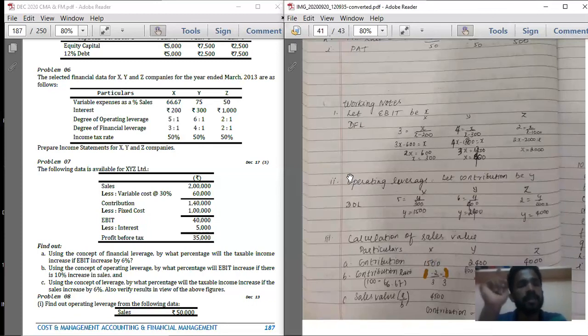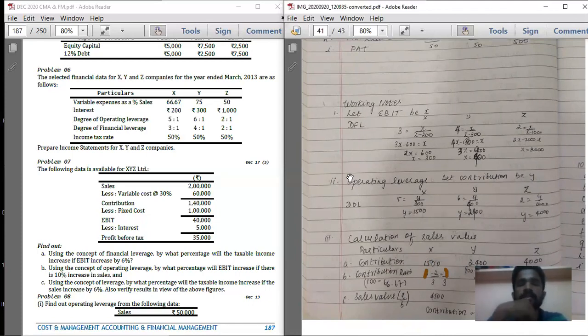Then what is EBIT minus EBT? 3 minus 1. As simple as that. Degree of financial leverage is 3:1, which means EBIT divided by EBT is 3:1. So 3 times EBT is EBIT.